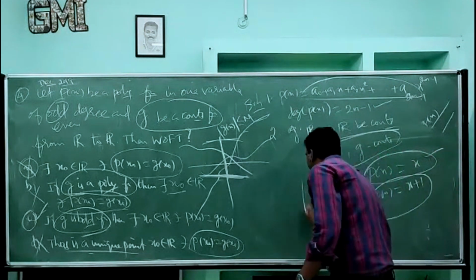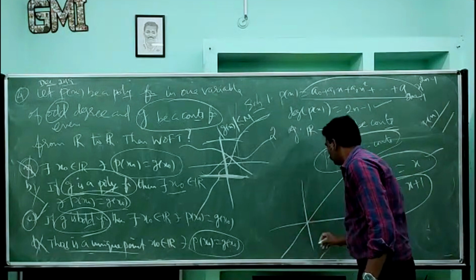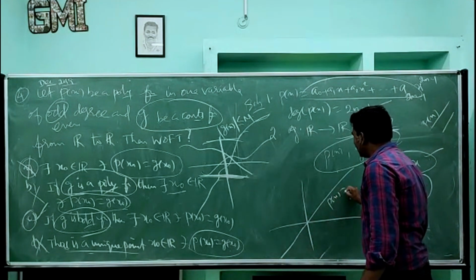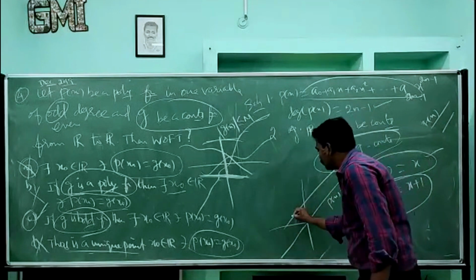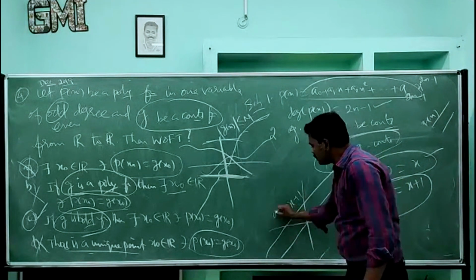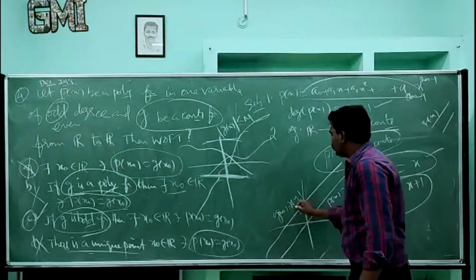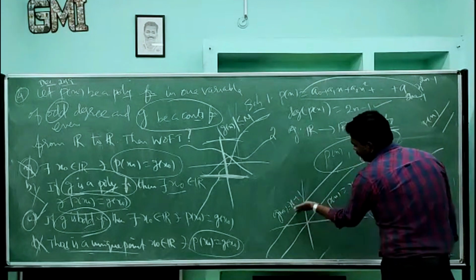Why? The graph of P of X equal to X, everyone knows. What about G of X? The graph of G of X is one unit upper, X plus 1. But P of X is an odd degree polynomial and G of X is a continuous function, yet they don't have any common point.